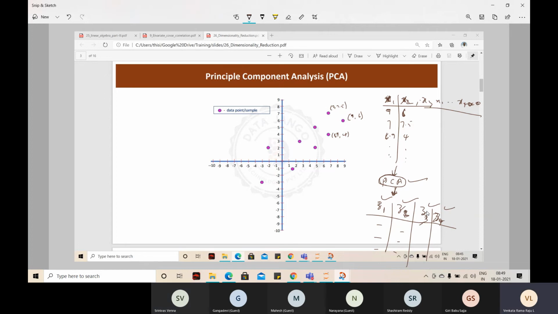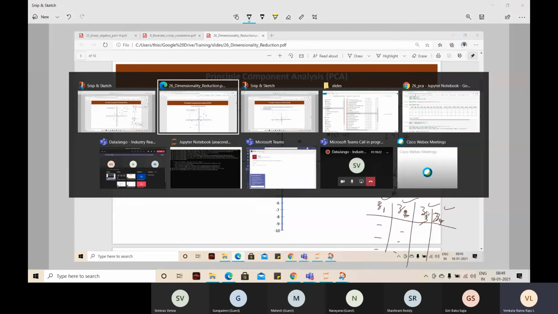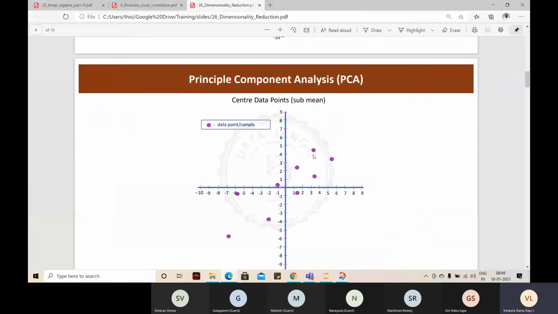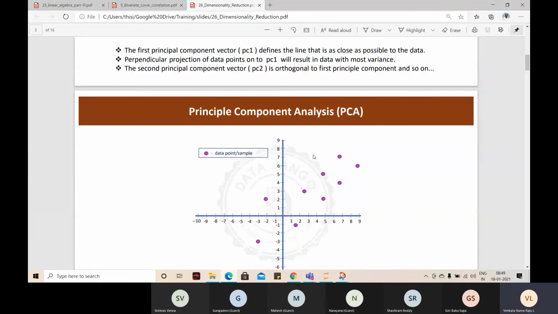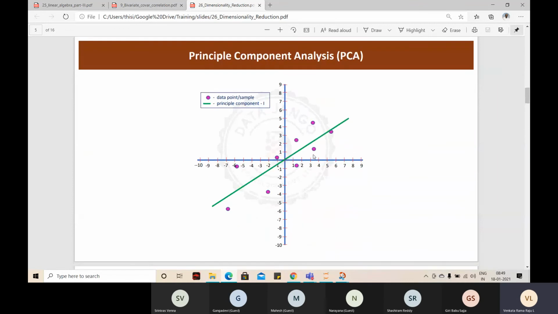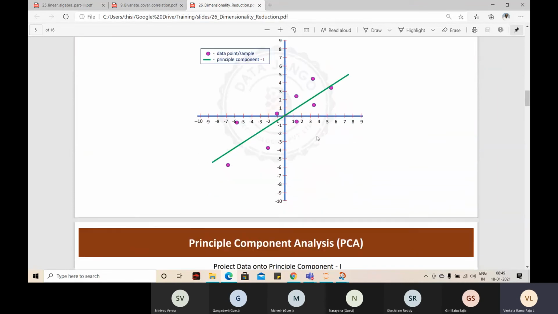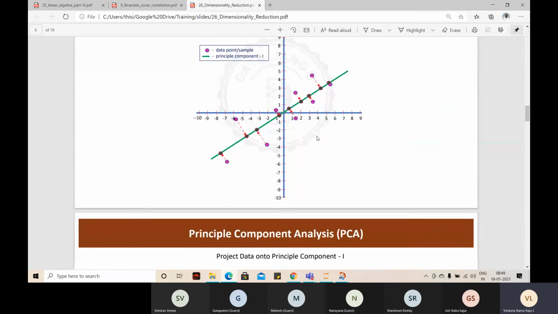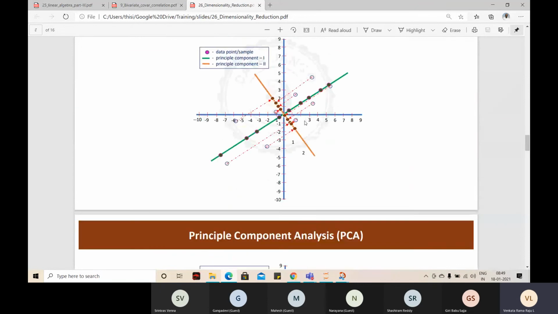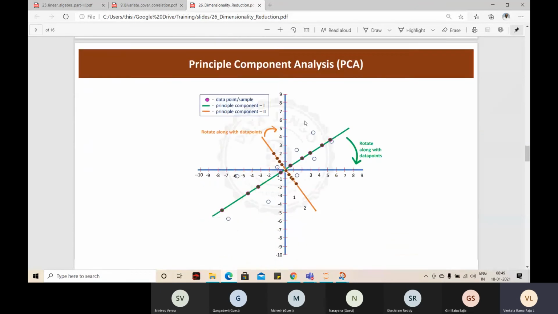Yes, sir. Okay. So let me explain that now. So here, I took the original data, centered it, then found out the first principal component and projected the data onto it, found the second principal component, projected data onto it, then rotated.